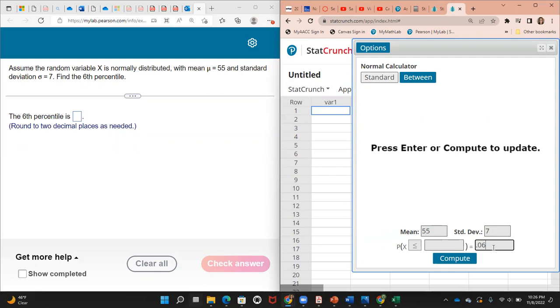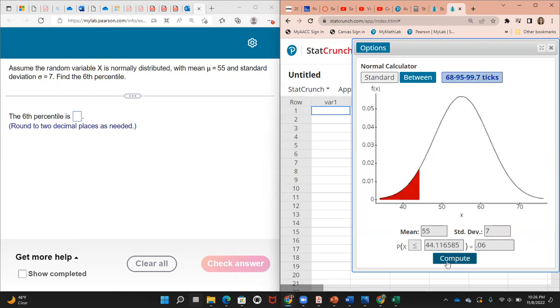So since this percentile was 6, we will put 0.06 in for the space where the area goes, which is the one all the way on the right-hand side. And we leave the space in the middle blank because that's what we're looking for. We're looking for a number that we could find on the x-axis there.